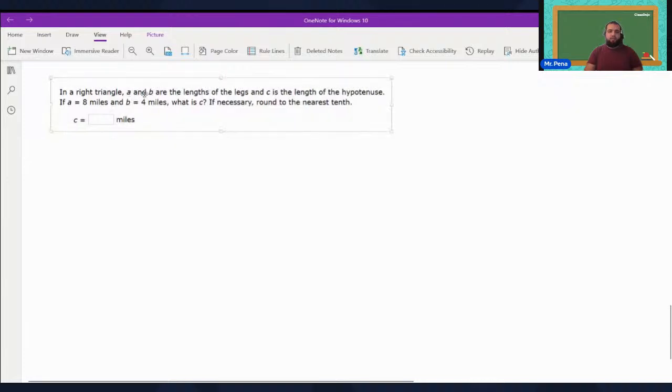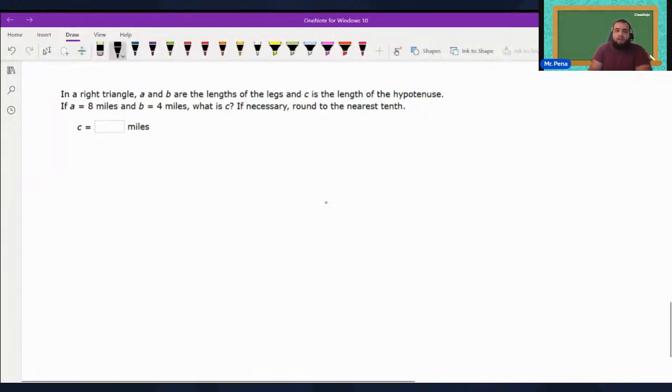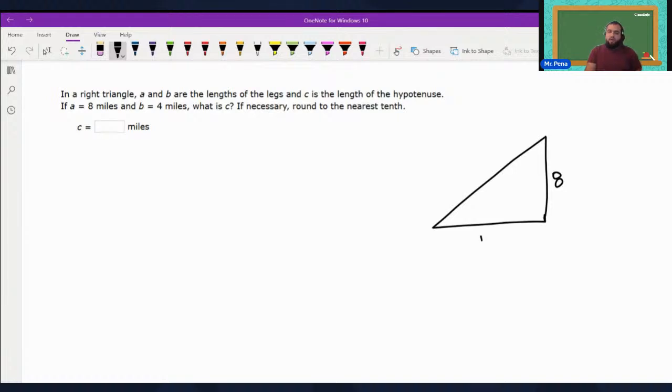In a right triangle, A and B are the lengths of the legs, and C is the length of the hypotenuse. If A equals 8 miles, and B is 4 miles.